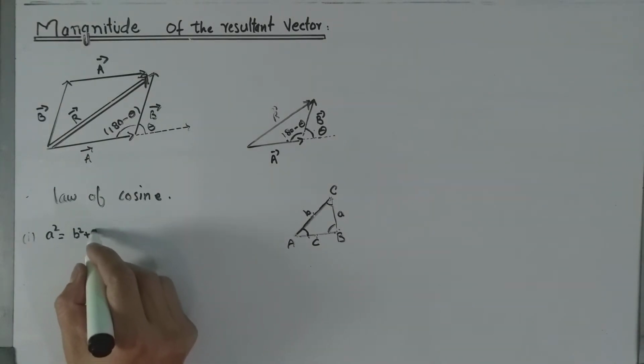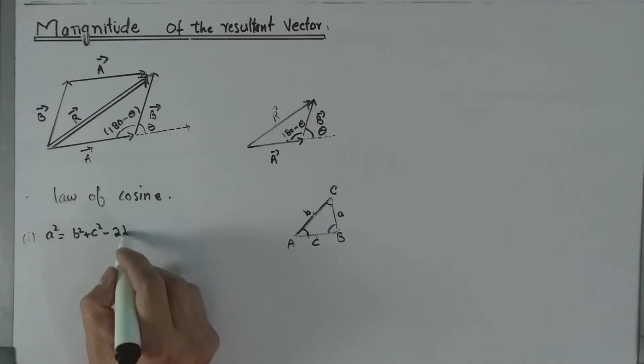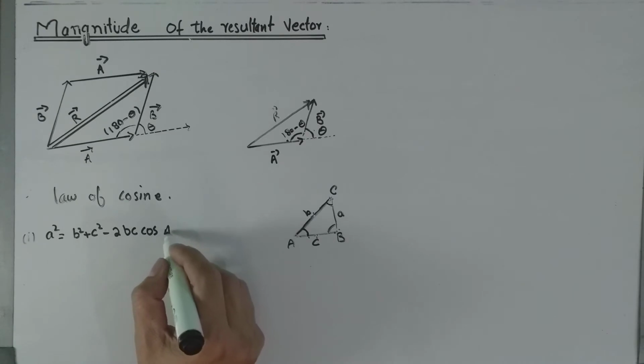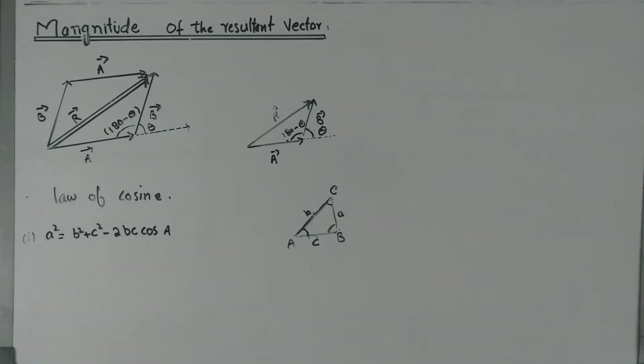B square plus C square minus 2BC cos A. This is the law of cosine.